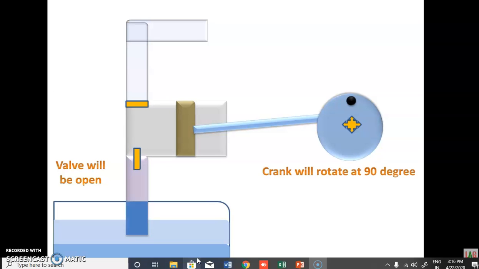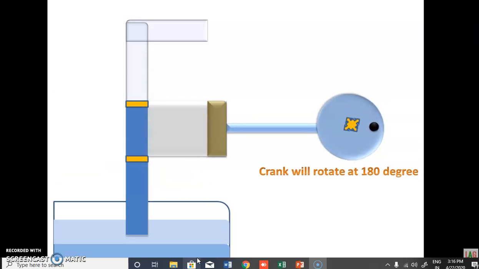So this suction valve basically is a non-return valve, and at this position we can see that it is open and the water is being sucked inside, and simultaneously the piston is moving backward. Now the crank has rotated 180 degrees, and this is our suction stroke.